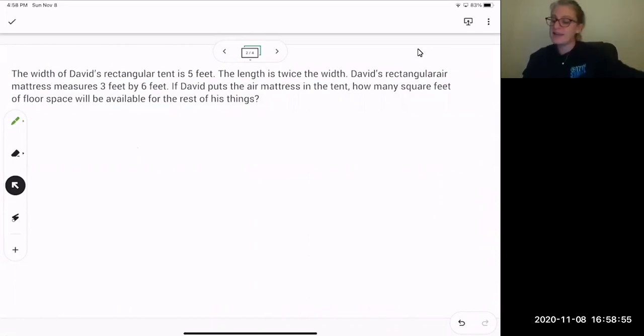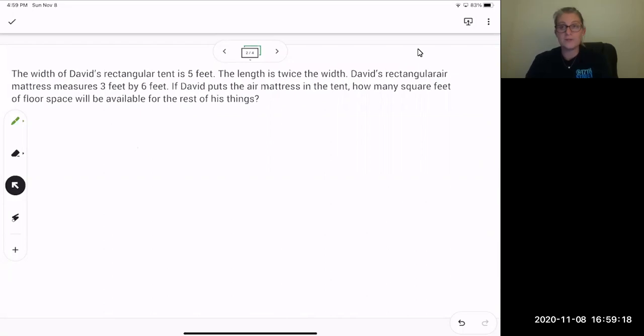And the length is twice the width. David's rectangular mattress measures 3 feet by 6 feet. If David puts the air mattress in the tent, how many square feet of floor space will be available for the rest of his things?